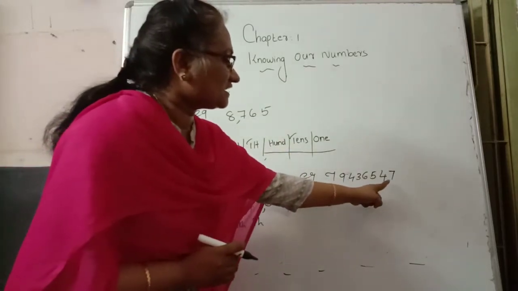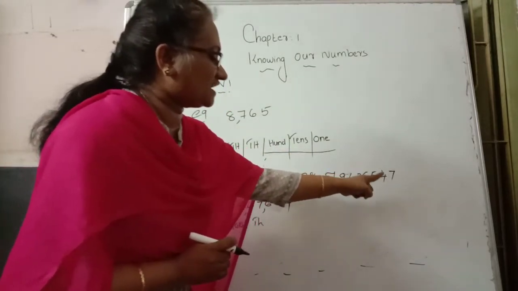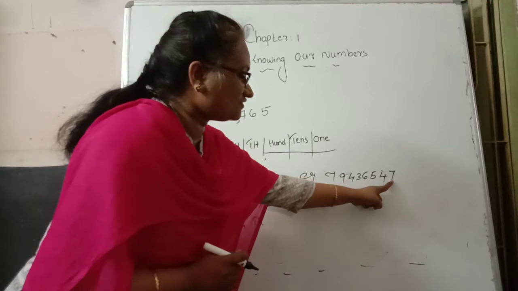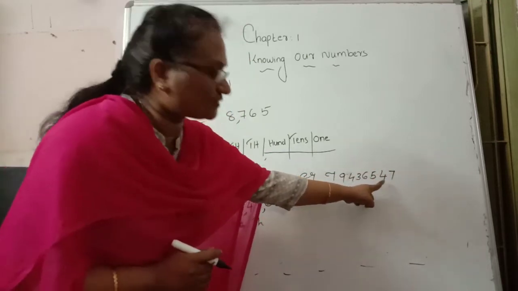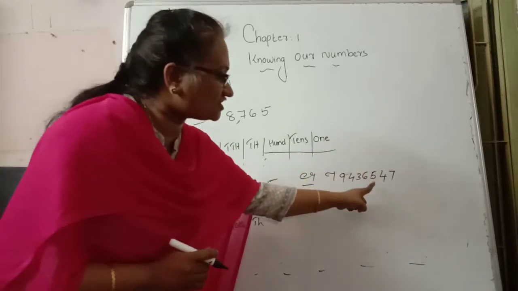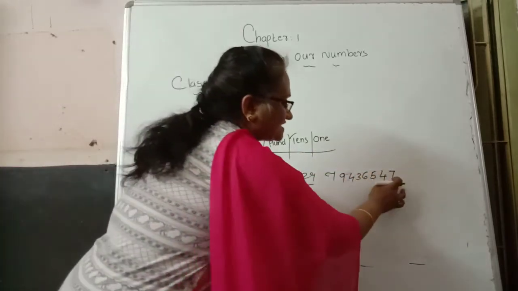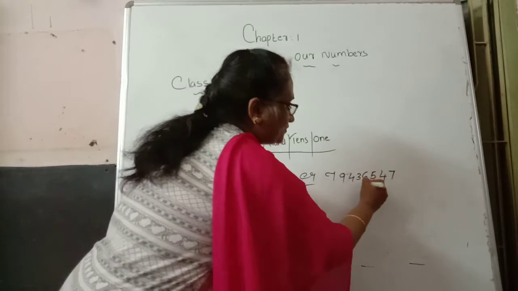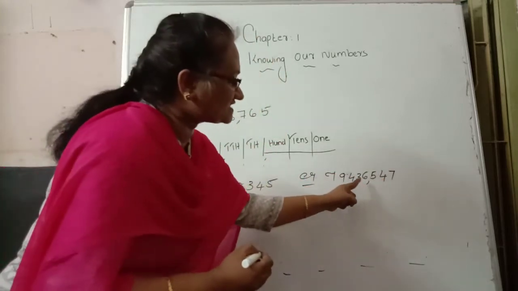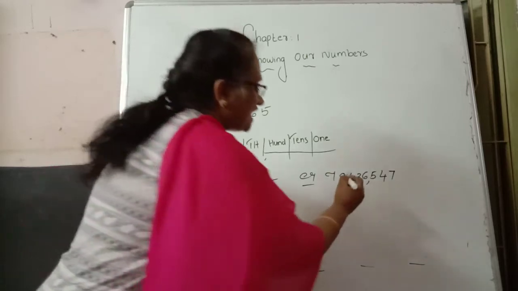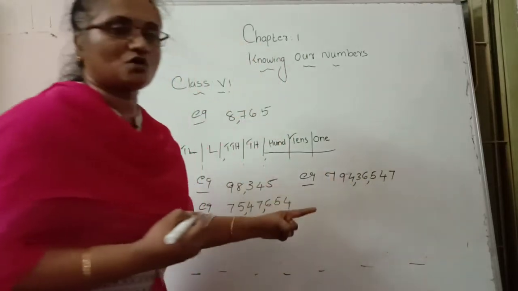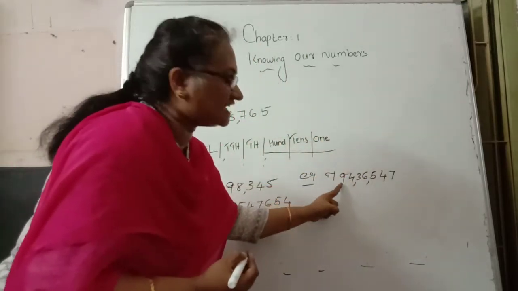First I find out the place values. 7 is in which place? 1's place. 4 is in which place? 10's place. 5 is in which place? 100 place. These are in one group, that's why we put a comma. The next 6 and 3 are in which group? They are in the 1000 group. After the 1000 group we keep a comma.